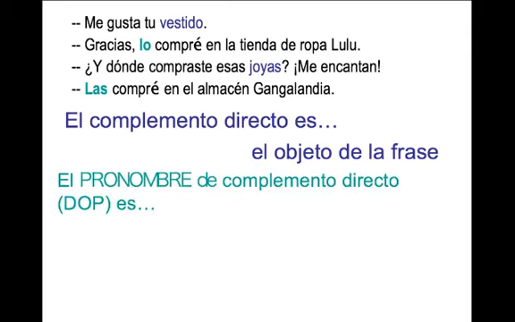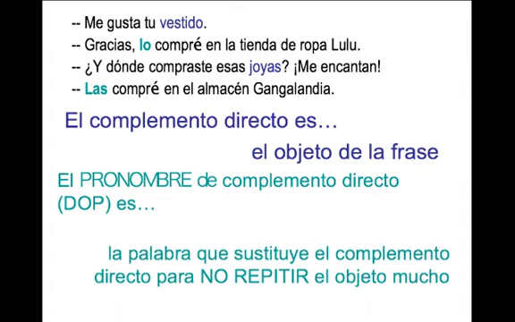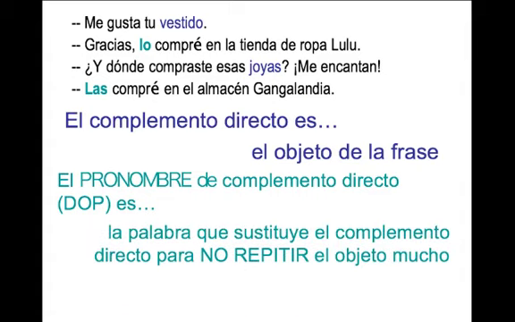But el pronombre de complemento directo, the DOP, the lo and the las, are words that are used to substitute the direct object in order to not repeat the object over and over. So if someone says, "I like your dress," you probably wouldn't respond, "Thank you, I bought the dress at da-da-da-da-da."